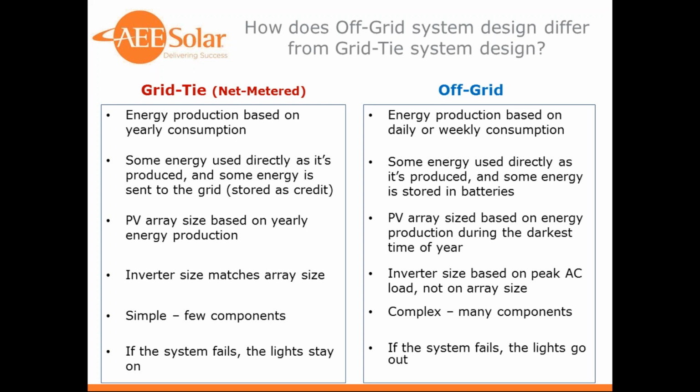In a grid-tied system, if the system fails or is not designed properly, the lights still stay on. It's just an energy production source to offset a utility usage bill. But in an off-grid system, if the system fails, the lights go out. So be aware of that with your customer, because when you install an off-grid system for a person, you essentially become their utility company.